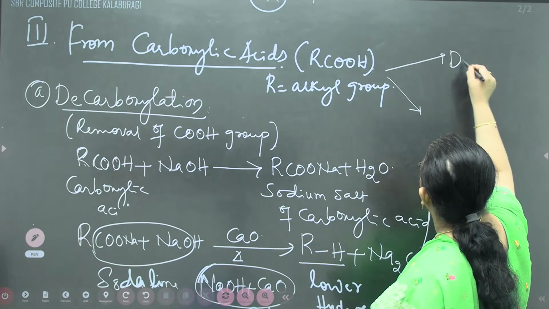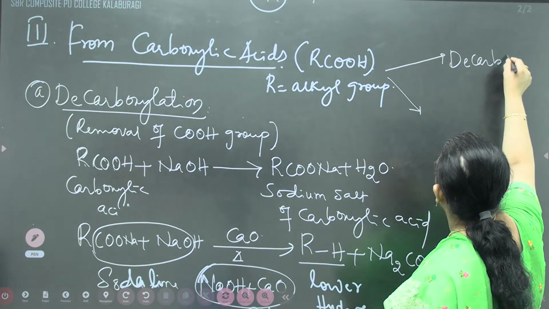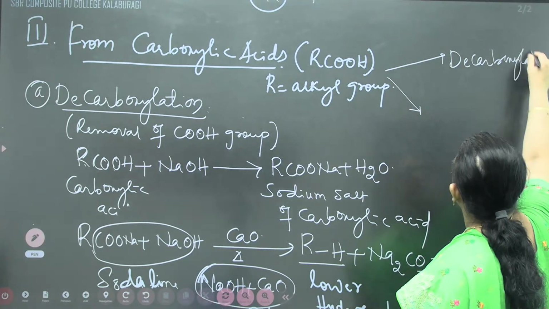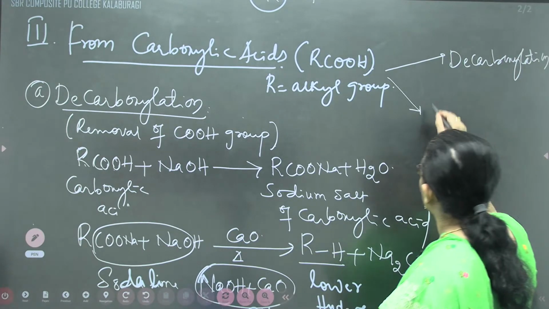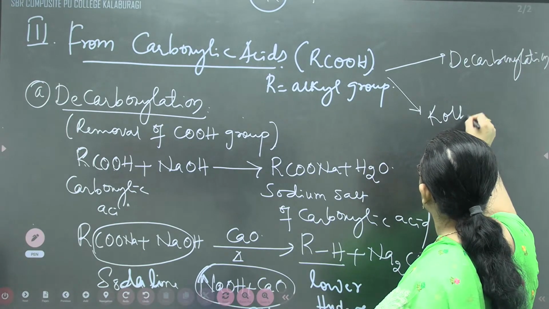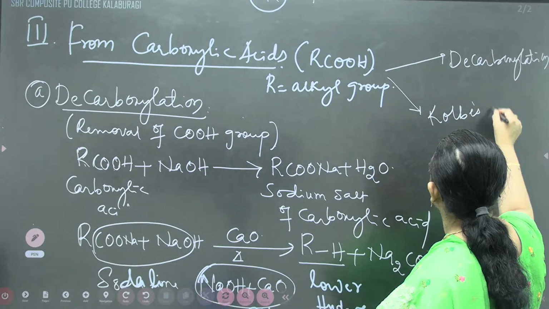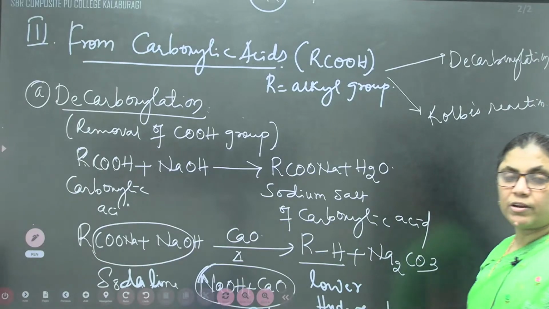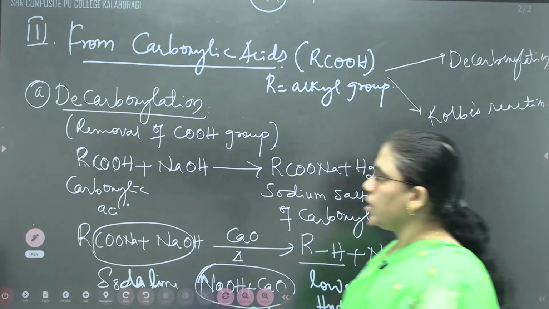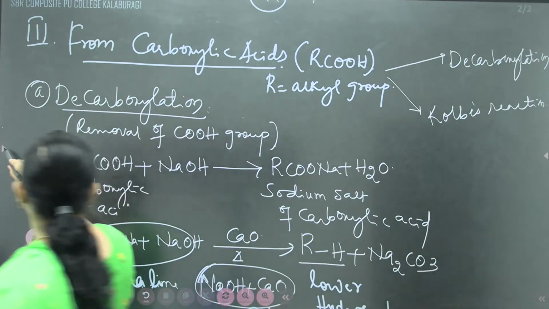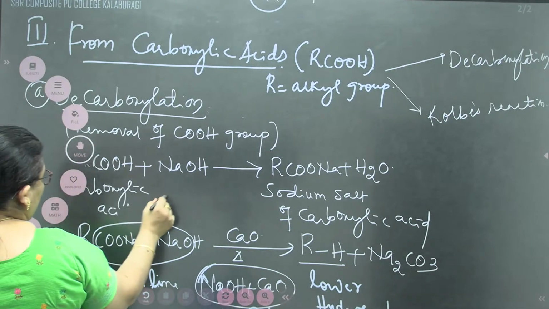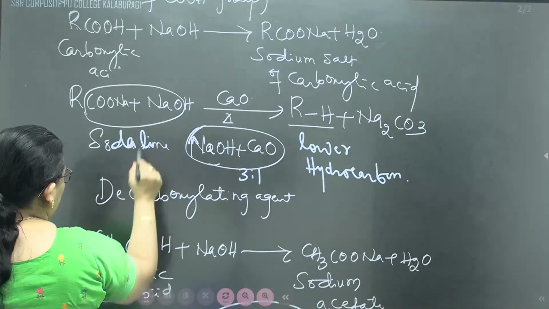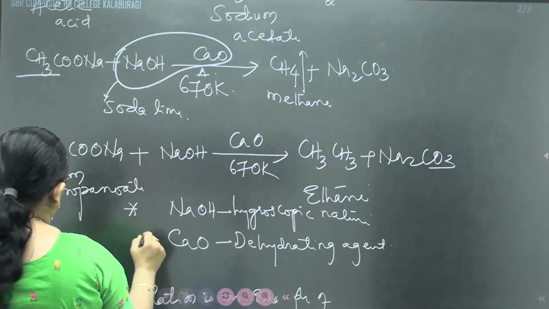One is called decarboxylation, correct? Another one is called Kolbe's reaction. Already we have completed everything for decarboxylation. Now let us move toward, children, Kolbe's reaction.